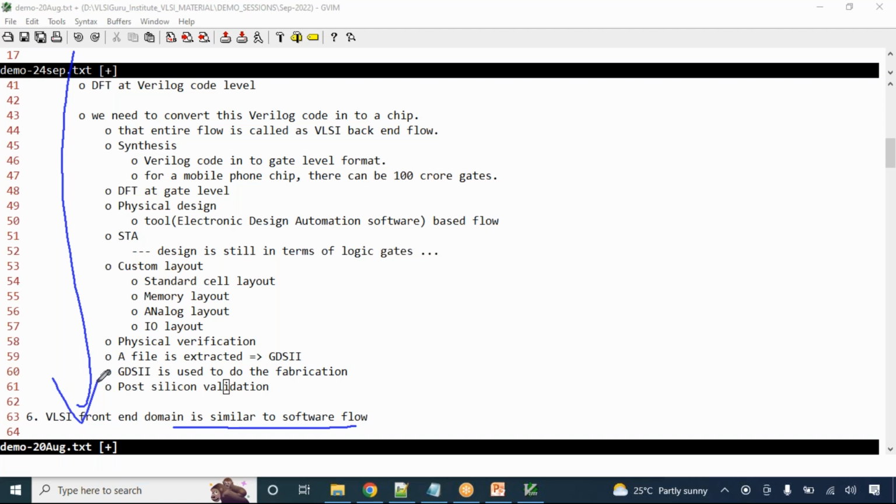Then we moved on to the backend domain, where we did synthesis. Then we again did DFT. So DFT is done at two levels: in the front-end domain and in the backend domain. Once it is done, we did physical design, then static timing analysis, then custom layout, physical verification, fabrication, then post-silicon validation.